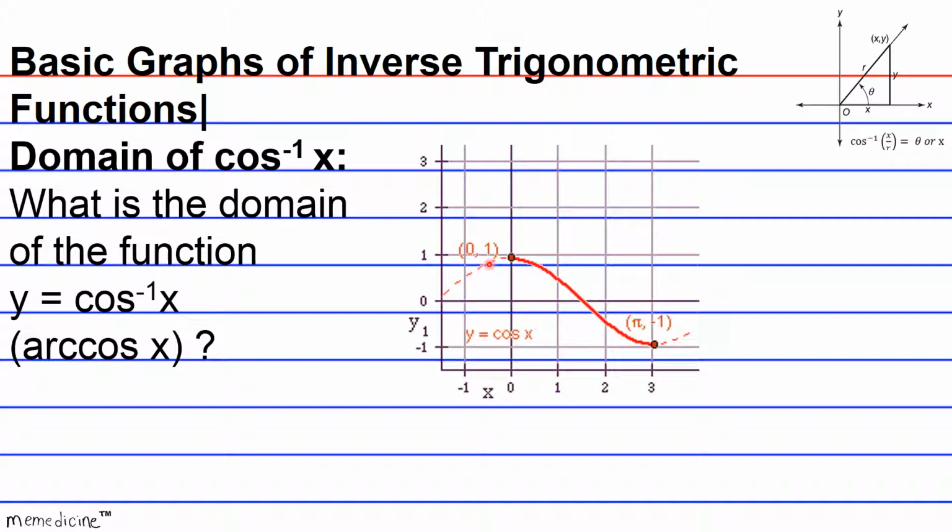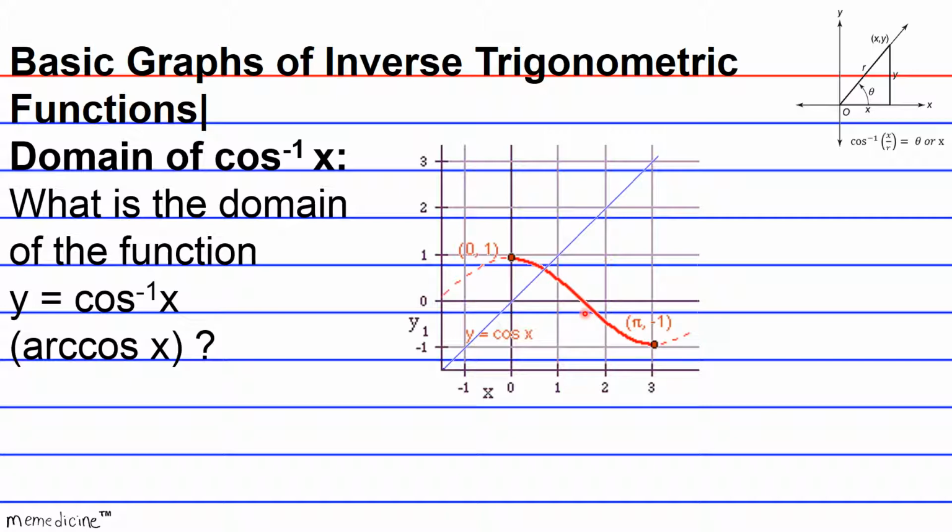Now, to create the graph of y equals the inverse cosine of x, you're going to have to reflect the cosine of x, the restricted function, across the line y equals x. And in doing so, basically, you're going to interchange all the x and y values.